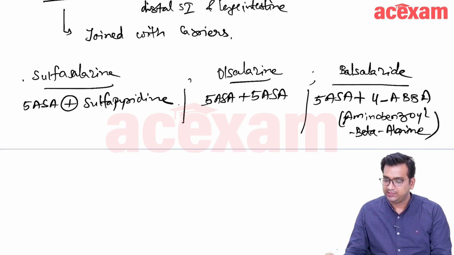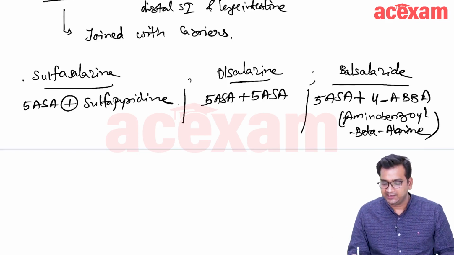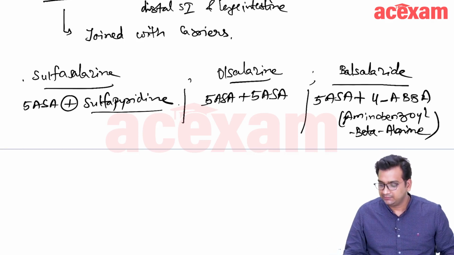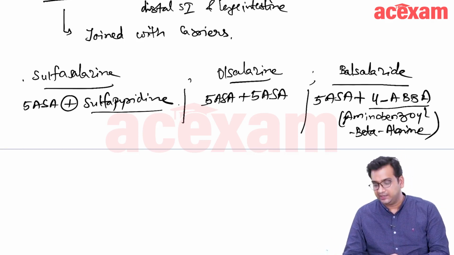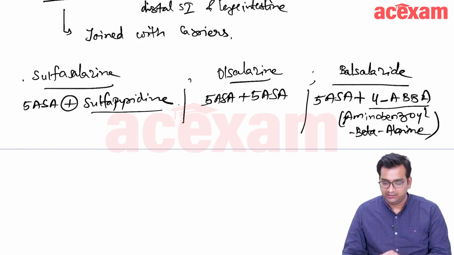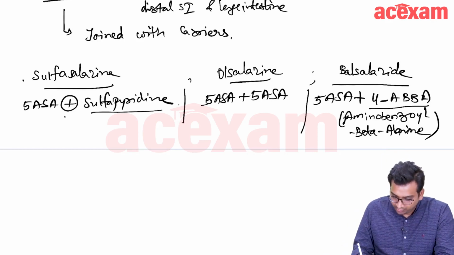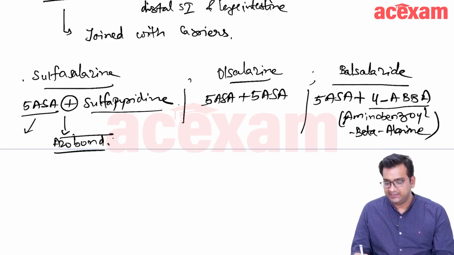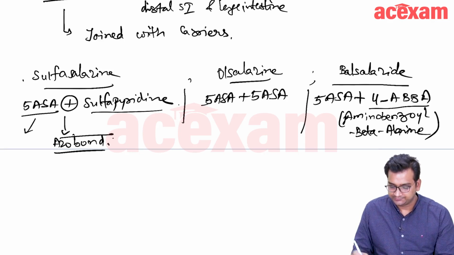So here in sulfasalazine the carrier is sulfapyridine. Olsalazine is a combination of two 5-ASAs, and in balsalazide the carrier is 4-ABBA, that is amino benzoyl beta alanine. The bond is an azo bond, so they are linked by an azo bond. This 5-ASA is helpful as the anti-inflammatory.